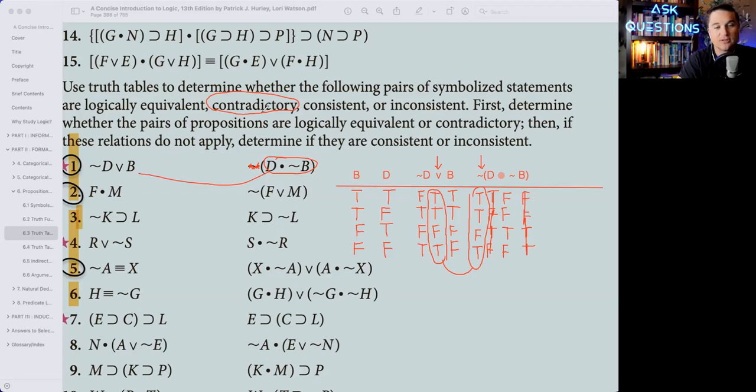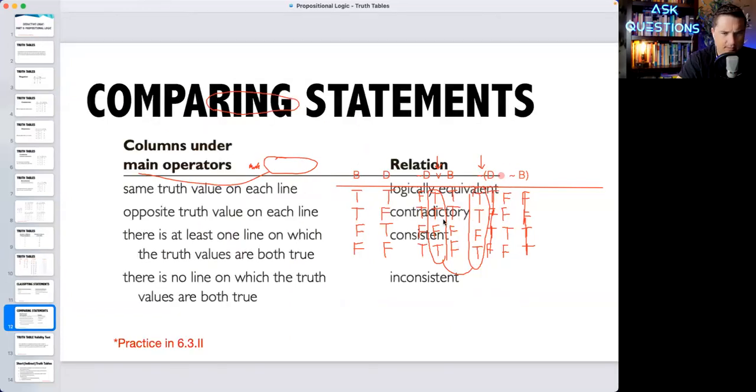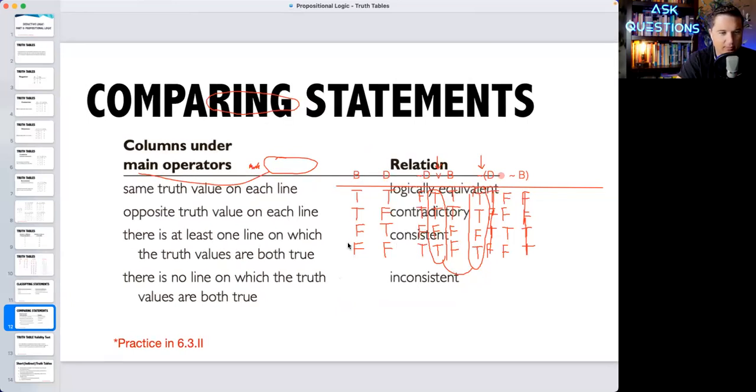They would be contradictory statements. You can see contradictory here: opposite truth value on each line.